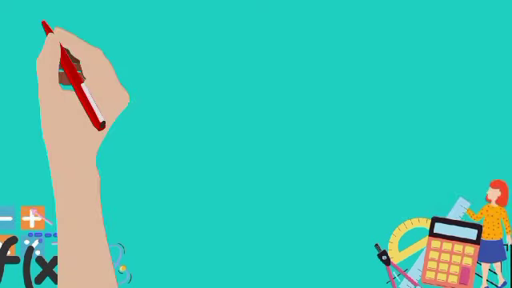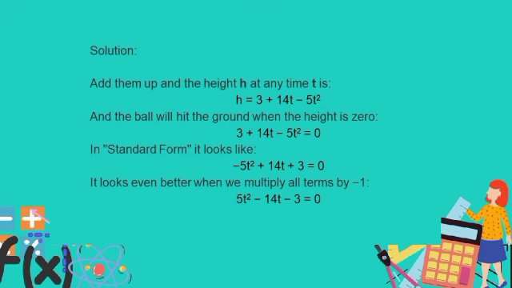Solution: add them up, with height h at any time t. So h is equal to 3 plus 14t minus 5t squared. The ball will hit the ground when the height is 0. So we have 3 plus 14t minus 5t squared equals 0. In standard form, it looks like negative 5t squared plus 14t plus 3 equals 0.